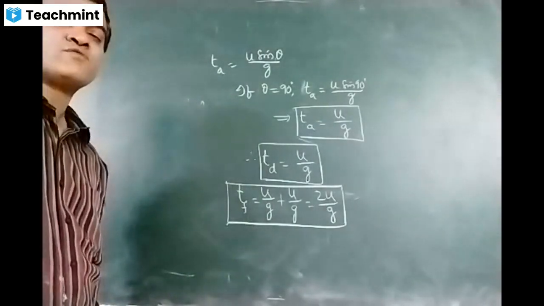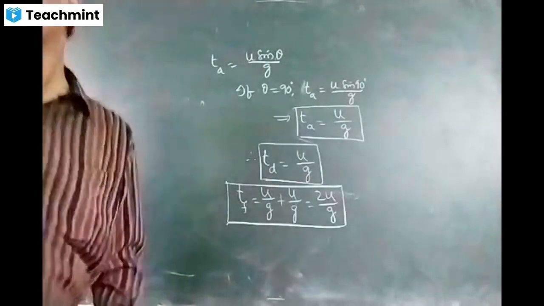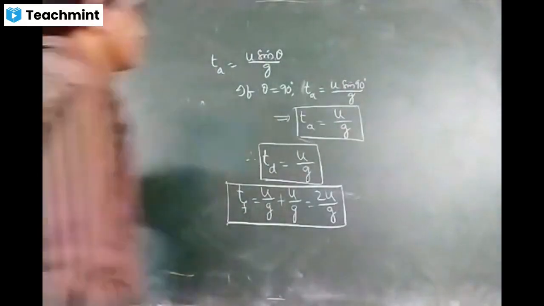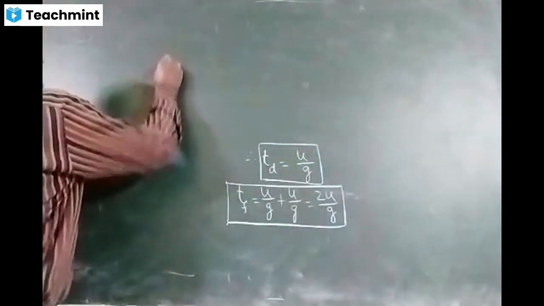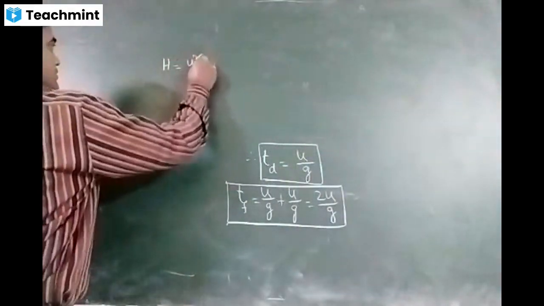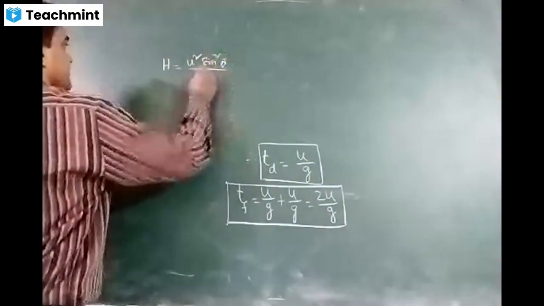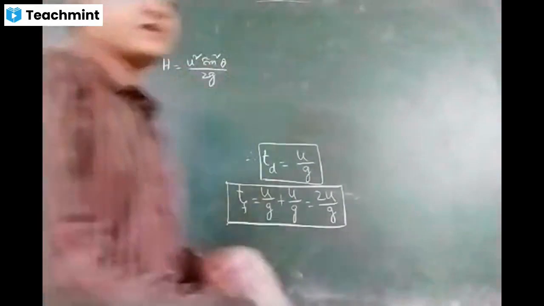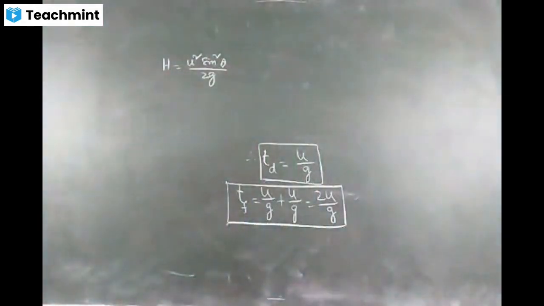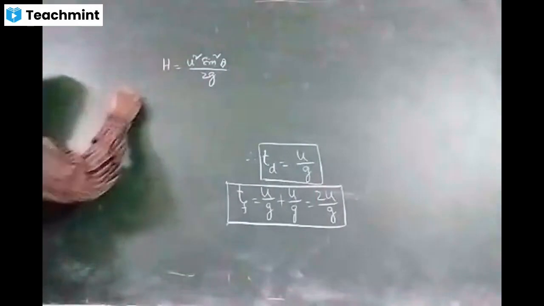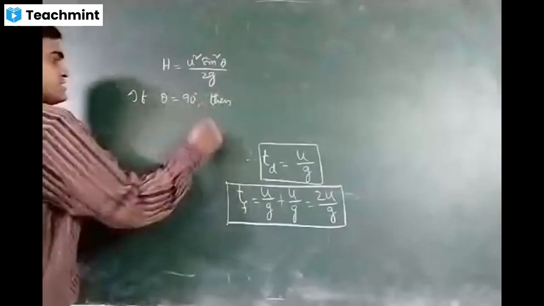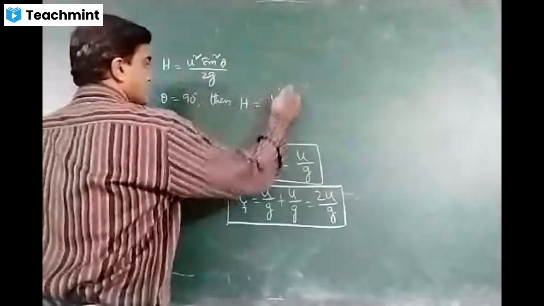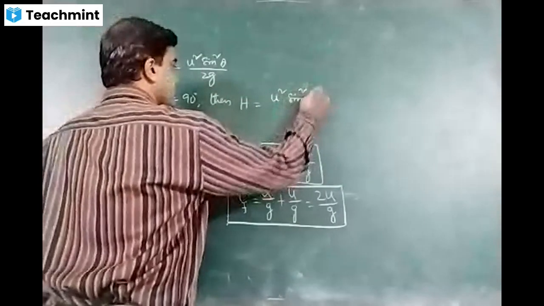Now, what should be the formula for maximum height in case of projectile? U square sin square theta by 2G. Now, if theta is equal to 90 degrees, then what is the value of H? H is equal to U square sin square 90 degrees by 2G.